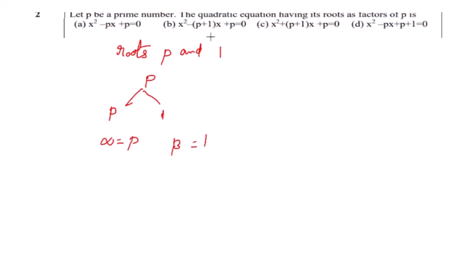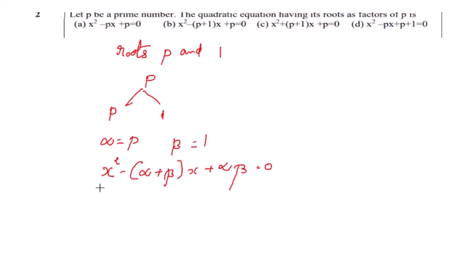Right? Now we have to frame the quadratic equation. So how to make a quadratic equation? The formula for making a quadratic equation is x square minus (alpha plus beta) into x plus alpha beta is equal to 0.